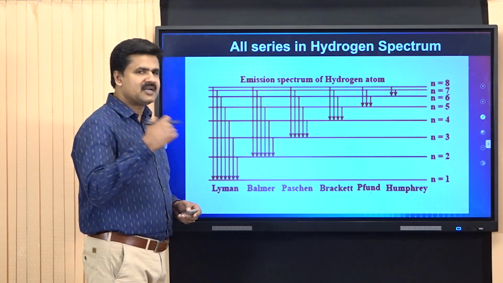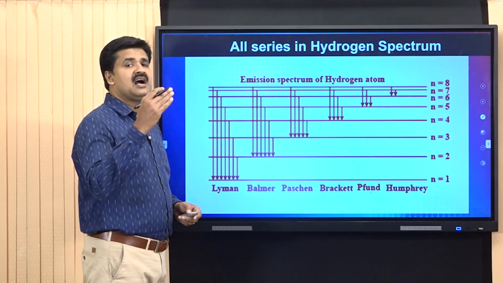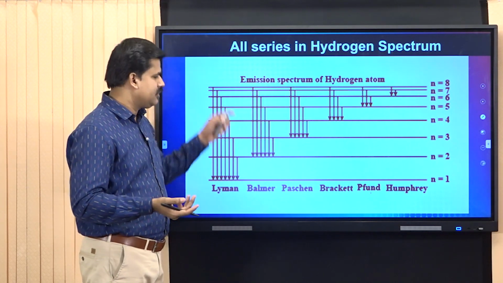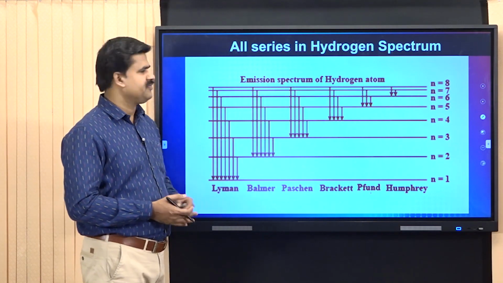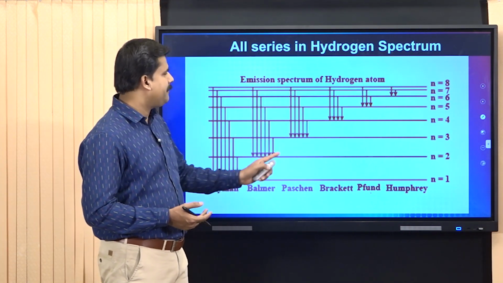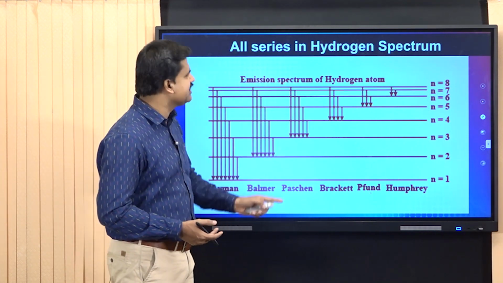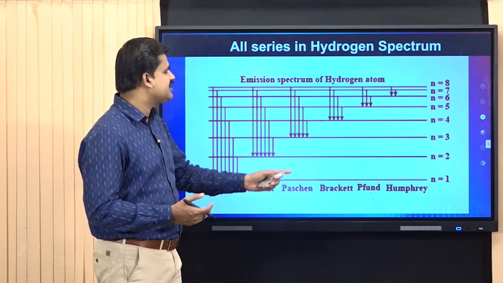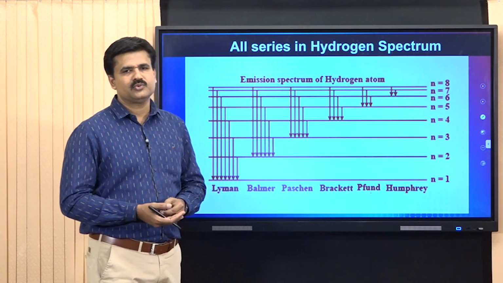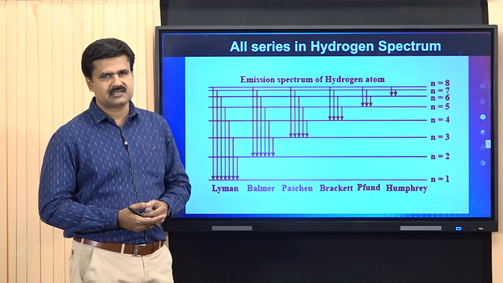That is, the Balmer series is obtained by transitions originating from levels higher than 2 to the second level. If the transition is to the third level, that leads to the Paschen series. If the transition originates from higher levels and ends in the fourth level, we get the Brackett series. The fifth level and the sixth level lead to the Pfund and Humphreys series, as shown in this picture.